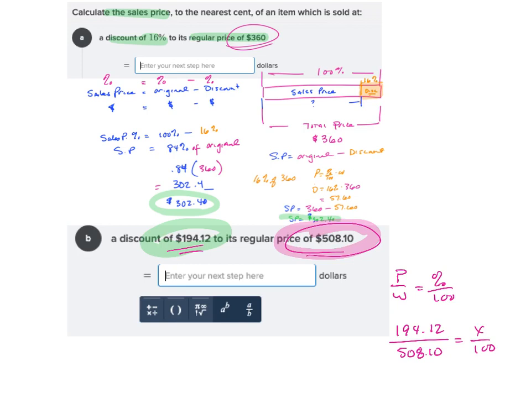Now you have a proportion. Now the easiest way to solve this proportion is to simplify. In my opinion, you're going to simplify this and then multiply both sides times 100.